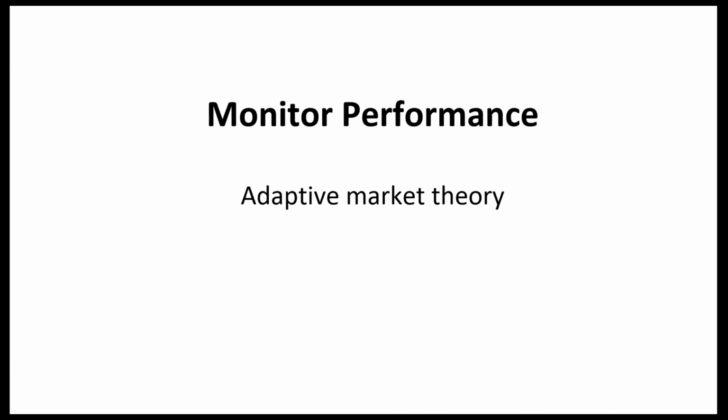And once you're ready to go live, you'll want to keep in mind that markets evolve. They are neither strictly efficient nor inefficient. They adapt as market participants learn and change their behavior. So that's what's called adaptive market theory.